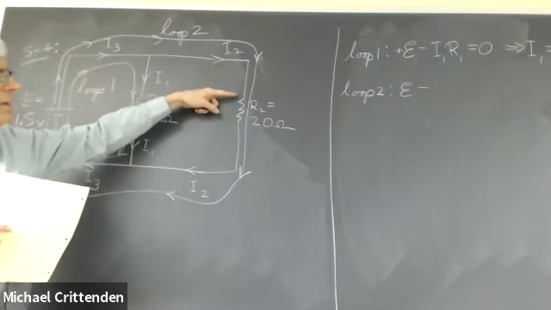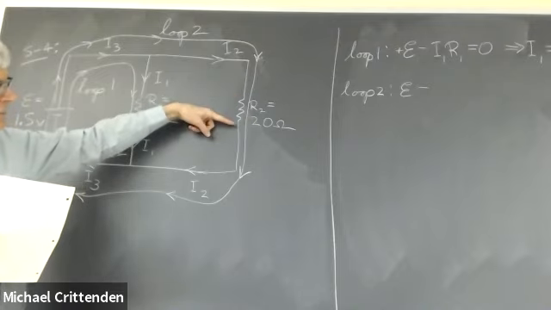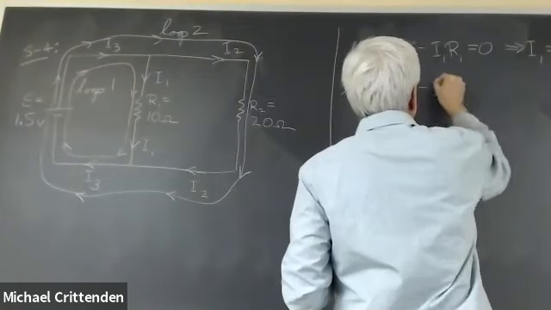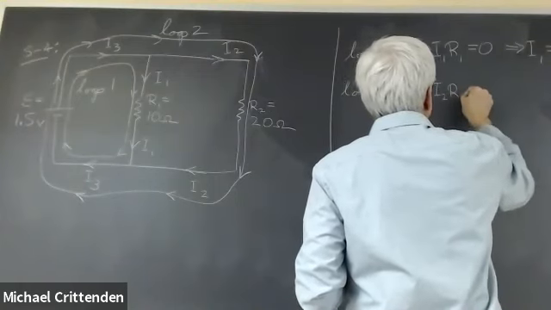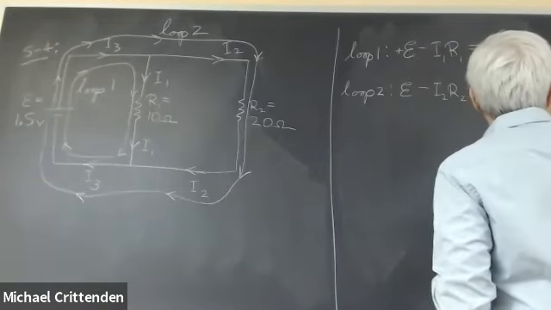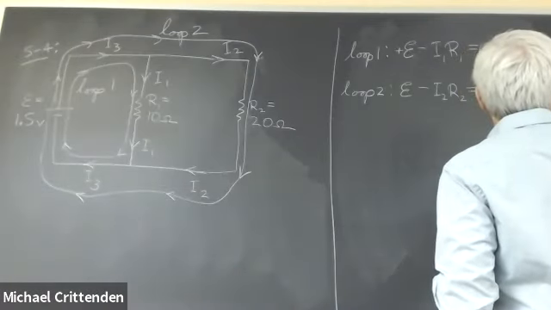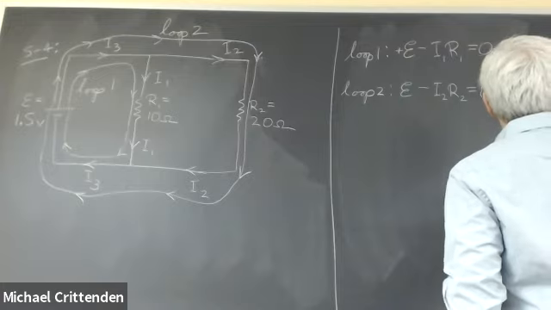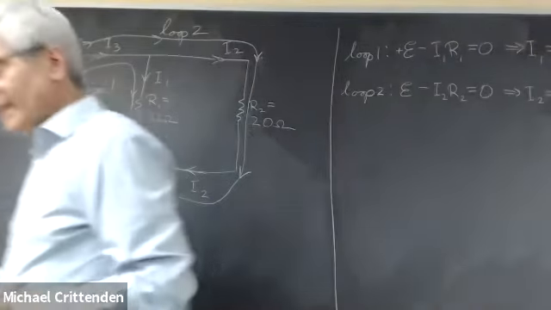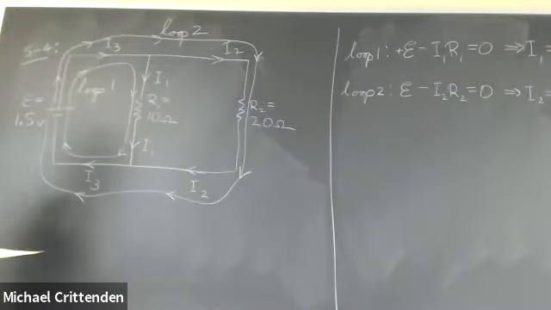I get to here, and I drop I2 times R2. So I2 is equal to E over R2.